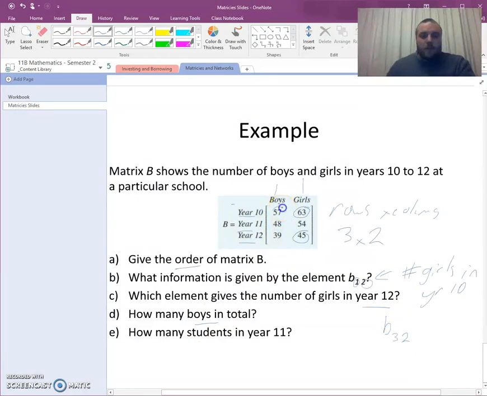So that is the sum of these, 57 plus 48 plus 39. So just add them up. And how many students are there in year 11? We would add these two numbers just here. So 48 plus 54. All right, start on section 1 of the workbook. Go through until you get up to section 2. It'll tell you when to watch the next video.